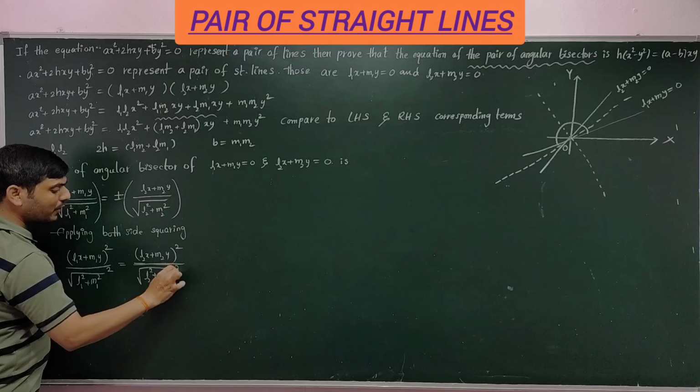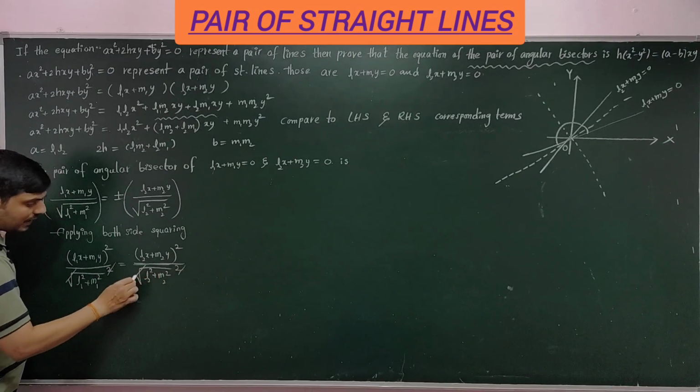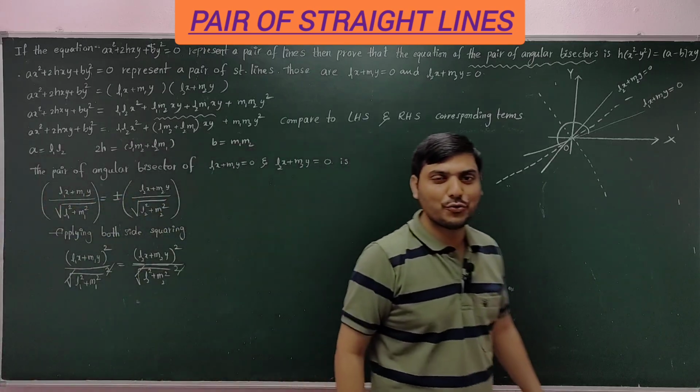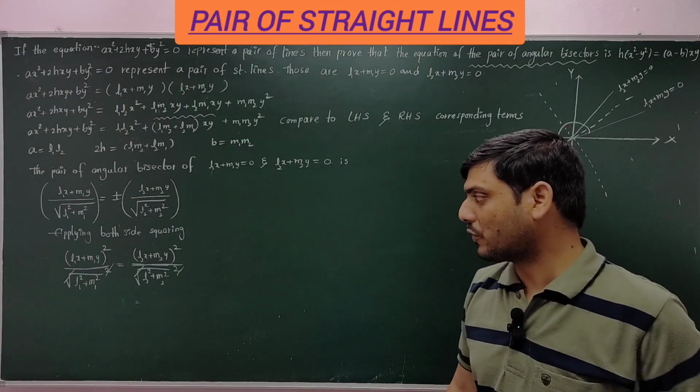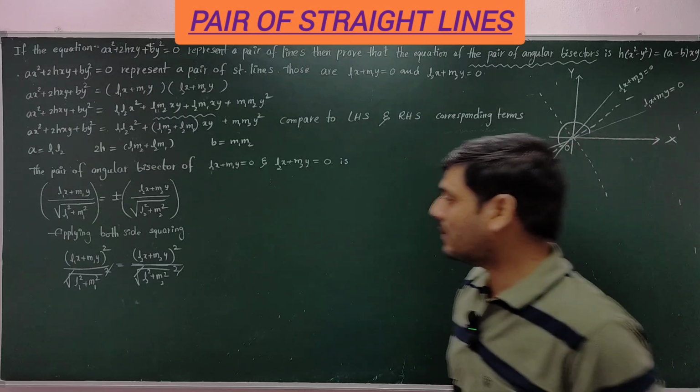Here the square and the root 2 get cancelled. Finally, the fraction having numerators of a plus b whole square. So I'm writing that concept, listen carefully.